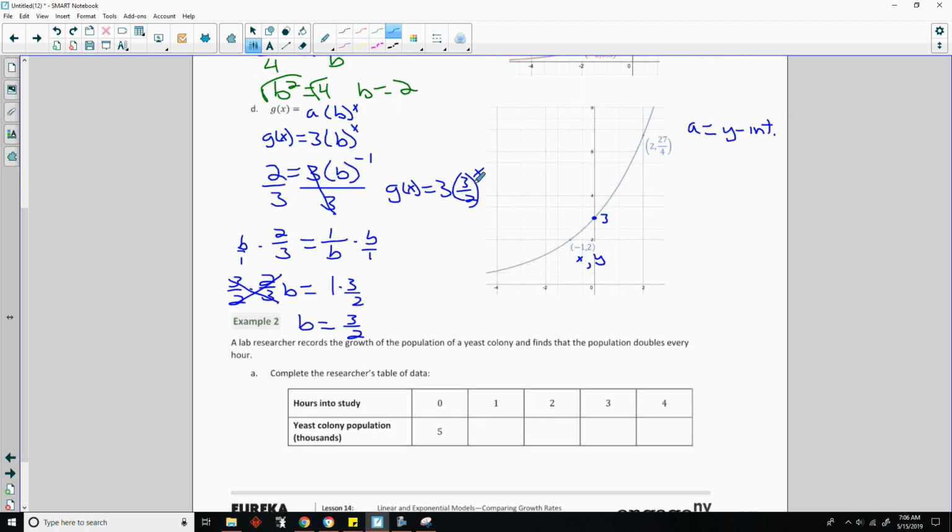So this is a general formula. g of x equals 3 times 3/2 to the x. So now if I put 2 in here, I want to check, see if this is true. So I want to see if 27 over 4 is truly equal to 3 times 3/2 to the power of x, which is 2. So 27 over 4 equals, well, 3/2 squared is, 3 squared is 9, 2 squared is 4.